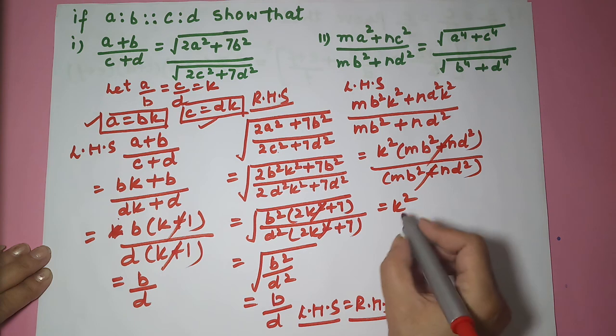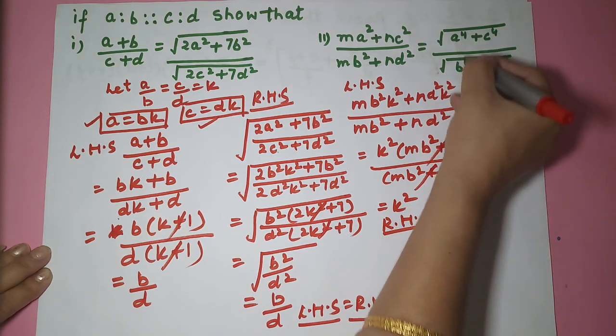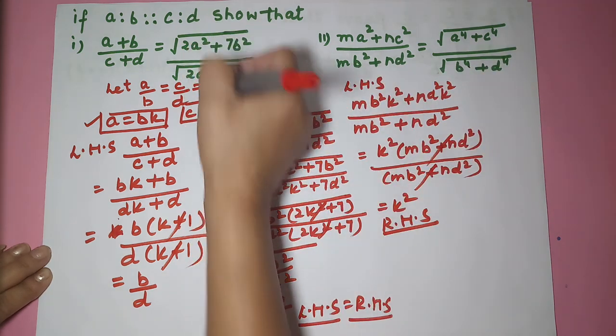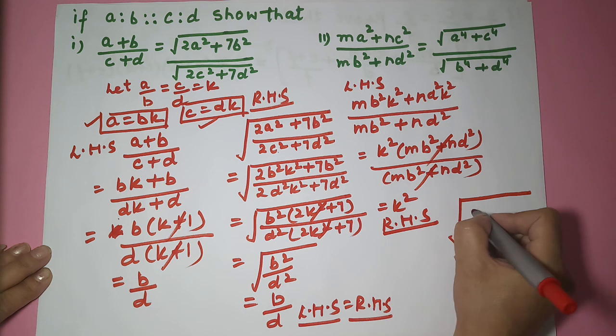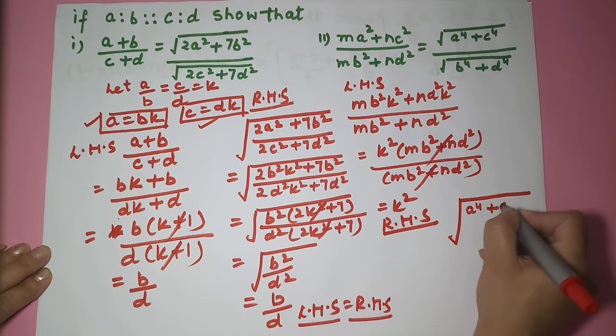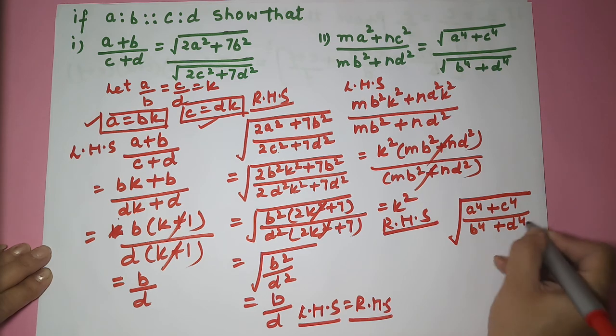Let's see what happens in the right hand side part of this. In the right hand side, we'll use the same funda here. Fine, we'll put it under the same roof and write this as a4 plus c4 divided by b4 plus d4, right?